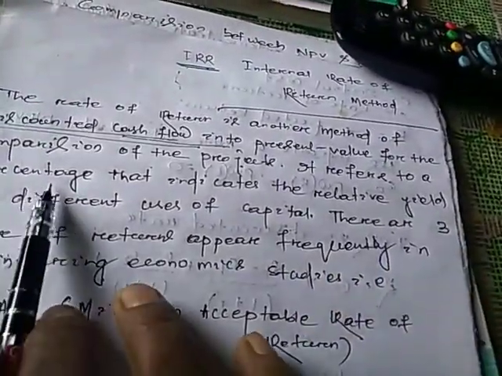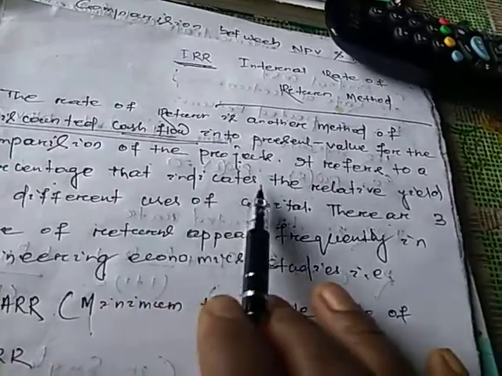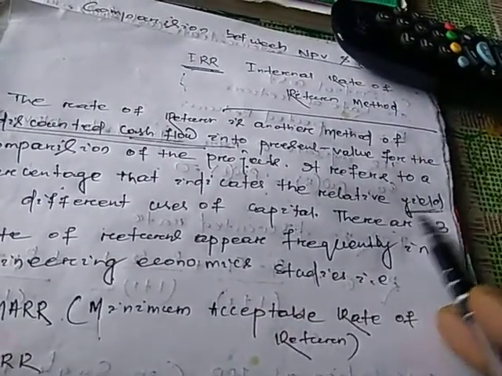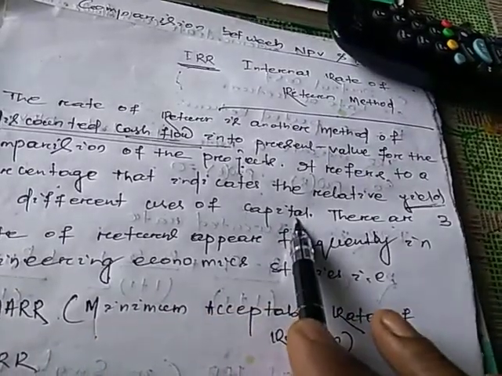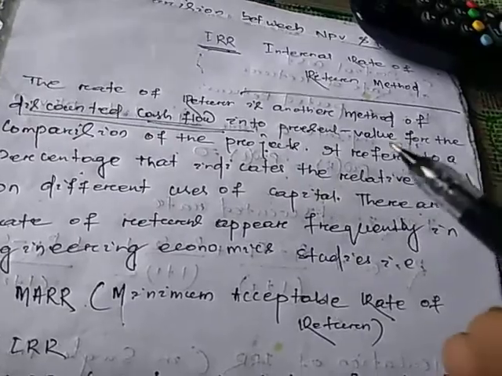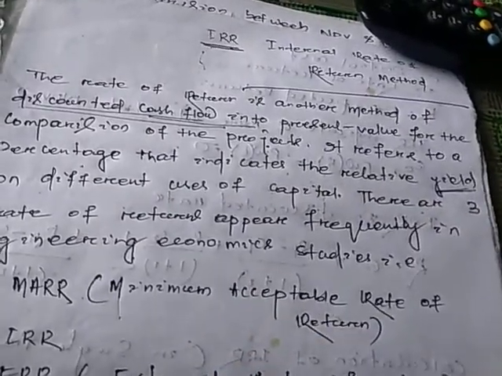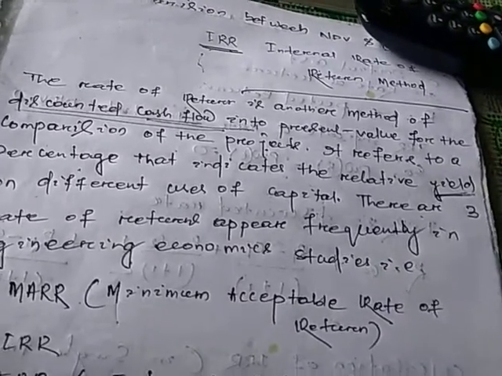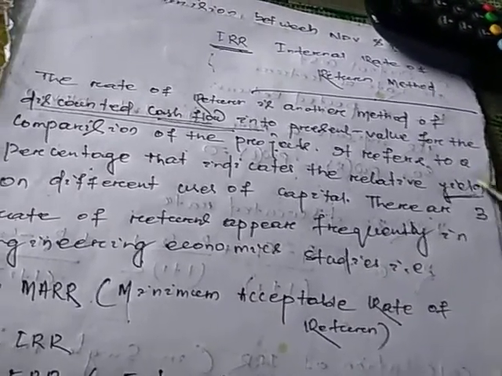It refers to a percentage that indicates the relative yield, in the sense, earning income on different uses of capital, because you have to utilize the capital, in the sense, the initial investment, in different segments and different ways. It indicates the relative earning, which one is the good one, that you have to consider here.